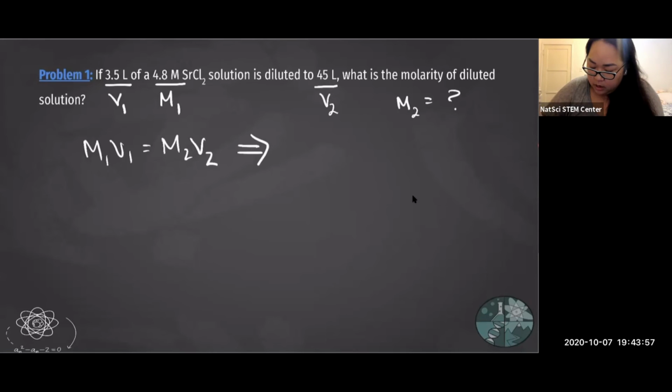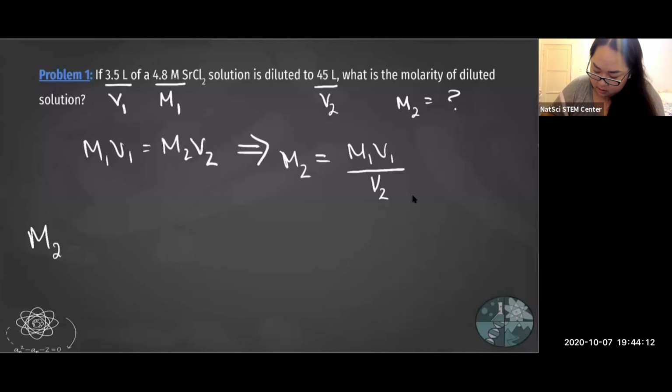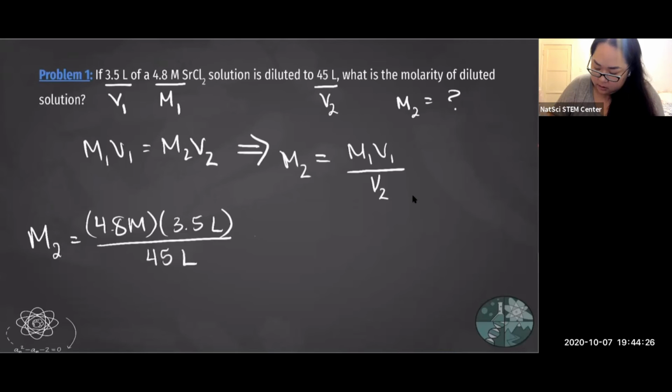So if you want M2 only, what you would rearrange it to would be M1 times V1 divided by V2. So let's plug it in. So 4.8 M times 3.5 liters divided by 45 liters.